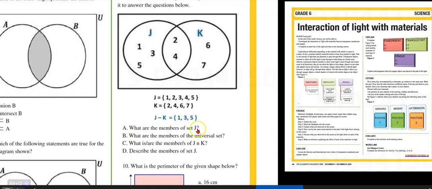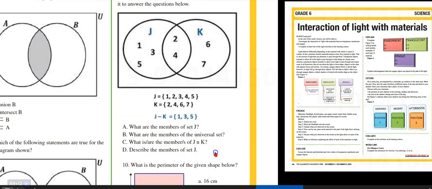What are the members of set J? What are the members of the universal set? That would be everything represented. C, or what are the members of set J intersect set K? The intersection of J and K. Describe the members of set J.